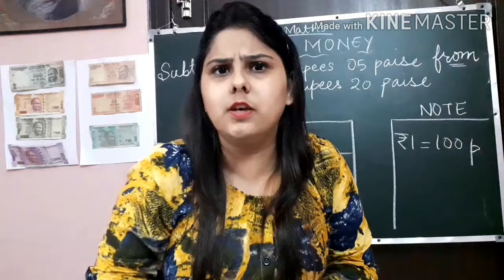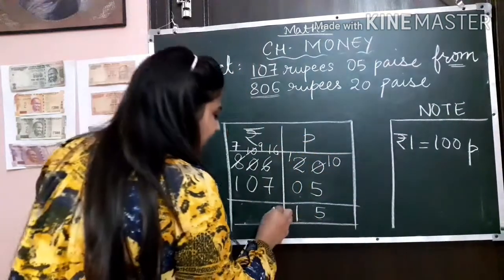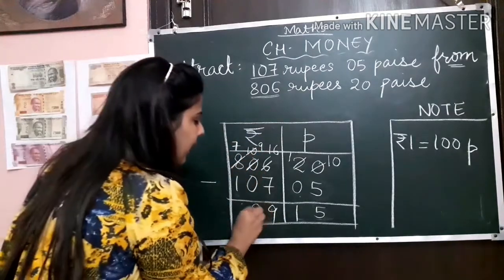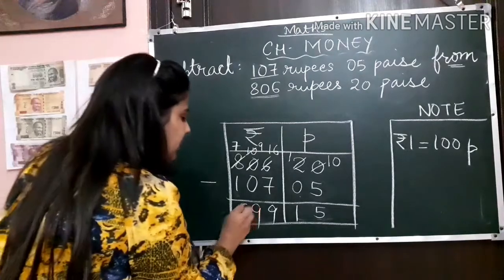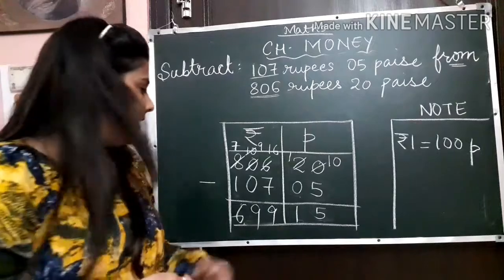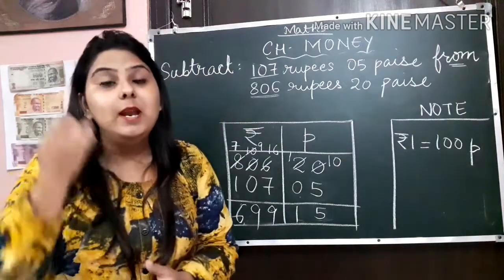Now what is the answer for 16 minus 7? Yes, it is 9. So I will write 9 here. And 9 minus 0 again results in 9. 7 minus 1 results in 6. So what is your answer? Your answer is 699 rupees and 15 paise.